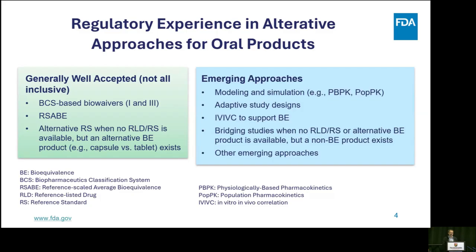And also there are new bridging studies when no RLD or alternative BE product is available, but a non-BE product exists which can serve as a bridge. And there are also other emerging approaches. So now we are getting more and more applications for these emerging approaches. Our confidence increases when we review more and more of these cases.